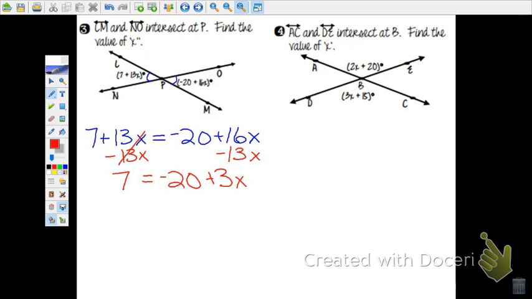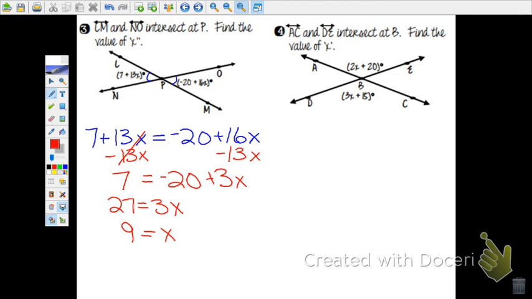Then I can add 30 to both sides. 37 equals 3x. I will divide by 3. x equals 9. And that's it for this one. Again, if you wanted to check your work, plug the value in, find each angle. They should be equal to each other.